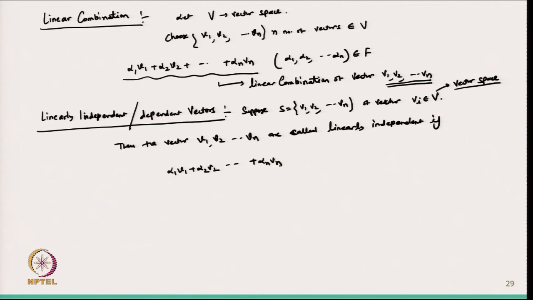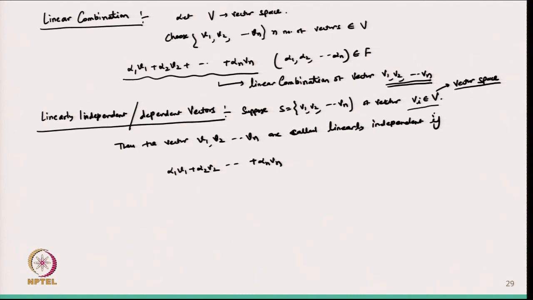You see that V1, V2, Vn I am taking from V, which is a vector space, and alpha 1, alpha 2 I am taking as scalars for the scalar multiplication.